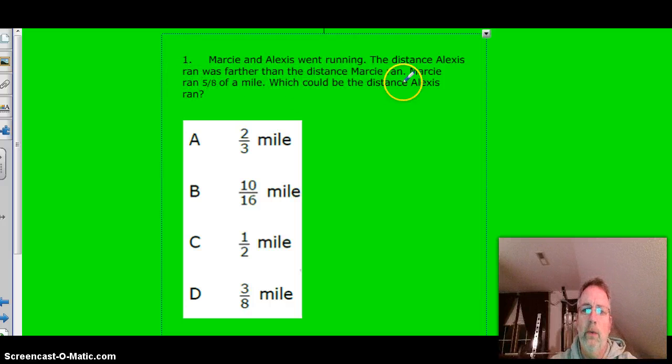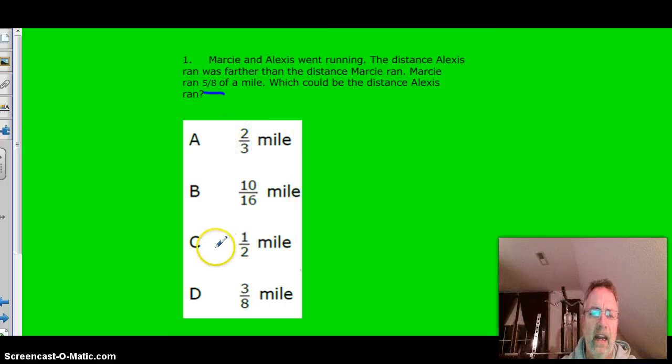All right, Marcy asked what distance Alexis ran was farther than the distance Marcy ran. Marcy ran 5/8 of a mile. Which could be the distance Alexis ran? Well, I know that 5/8 is more than a half, so C would not be a good choice. 3/8 is less than a half, so that would not be a good choice. 10/16 is equal to 5/8, so that would not be a good choice.